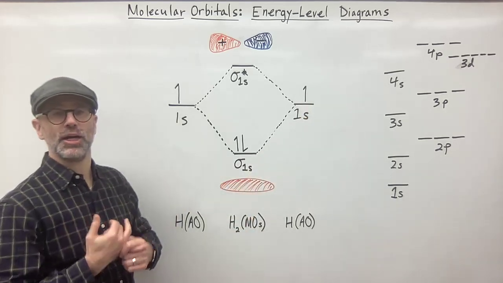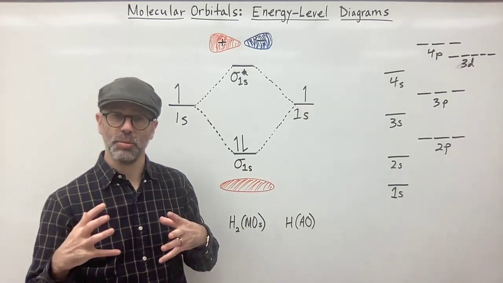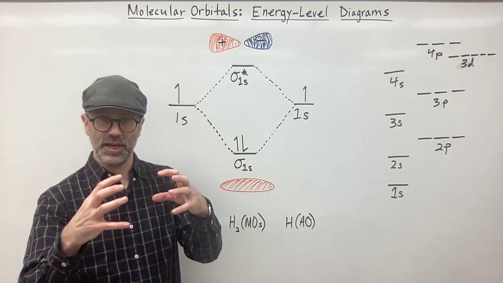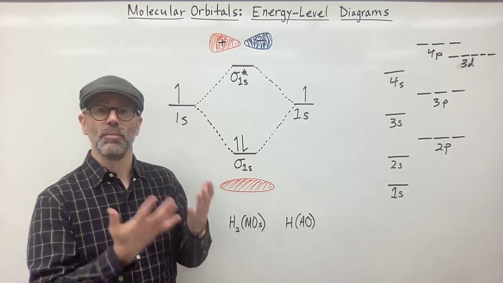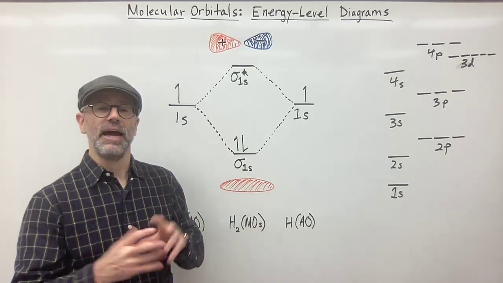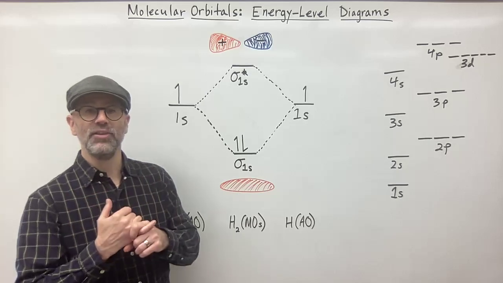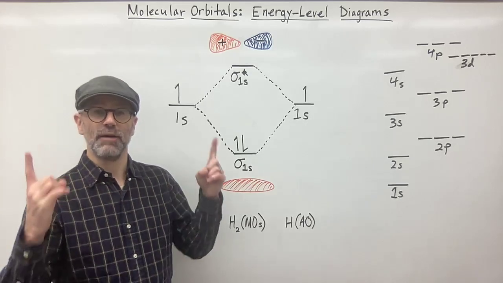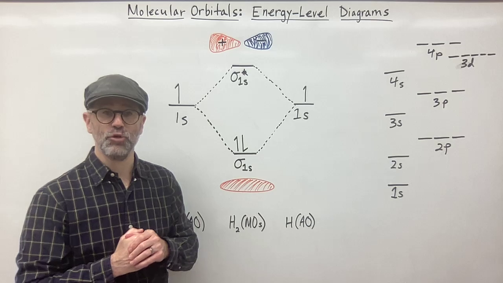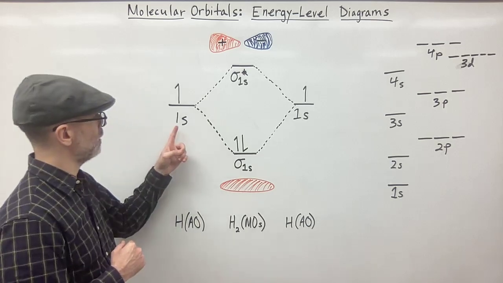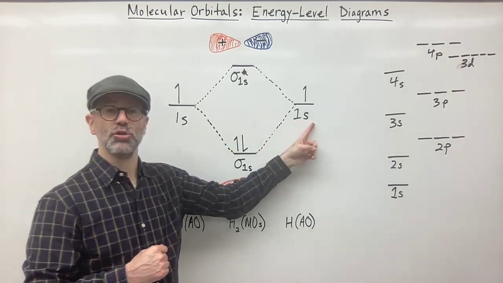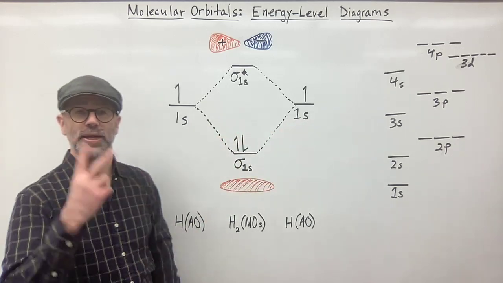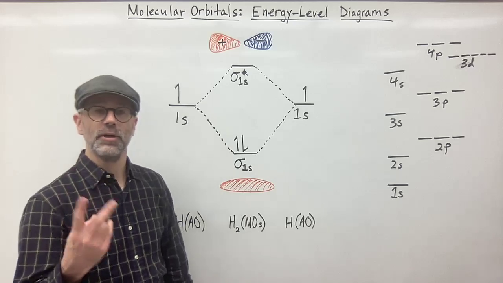Remember the linear combination of atomic orbitals? We add those together and we get our molecular orbitals from that. And remember, you always get the same number of molecular orbitals as the number of atomic orbitals you combine. So here we're combining 2 atomic orbitals, so we get 2 molecular orbitals out.